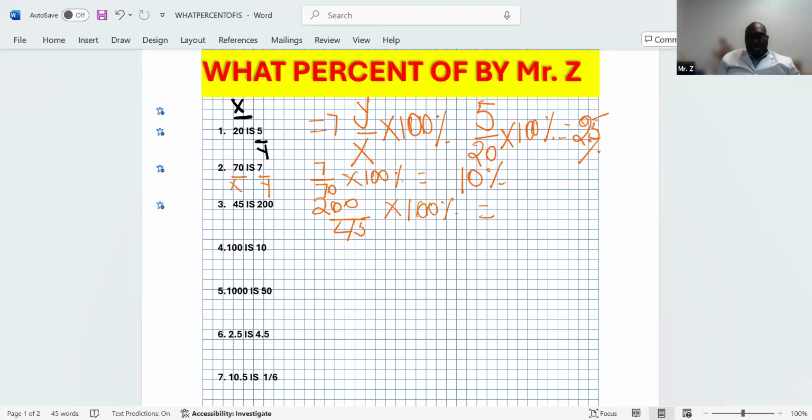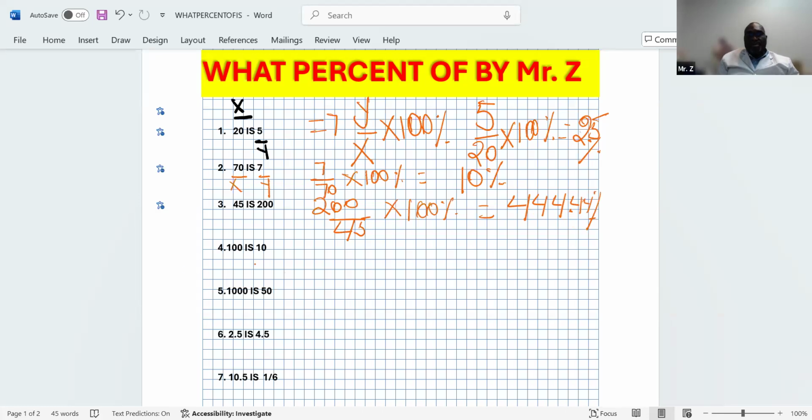They may ask you to round your answer to the second decimal place. If they do ask you to round your answer to the second decimal place, it's going to be 4.44%.